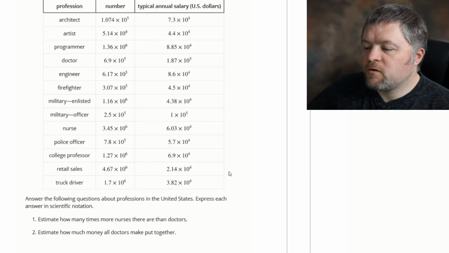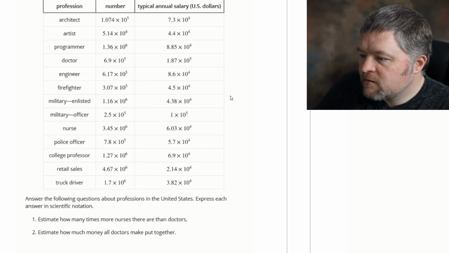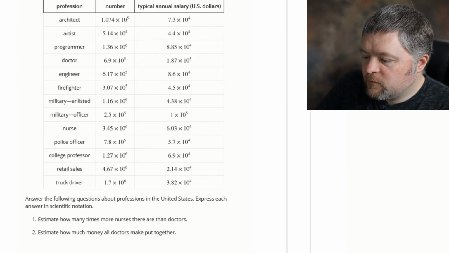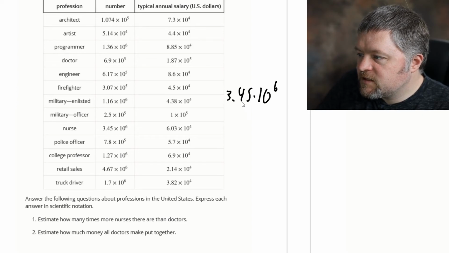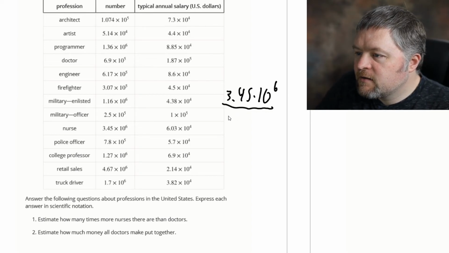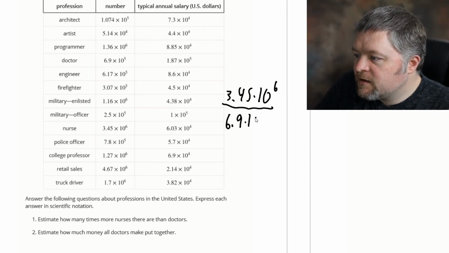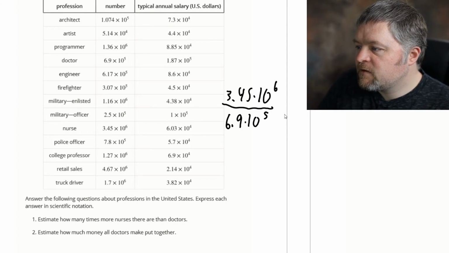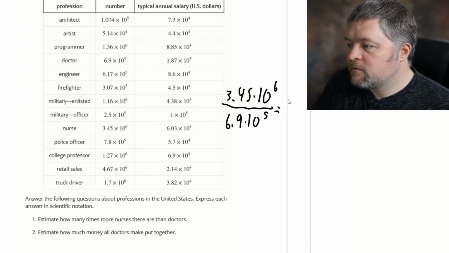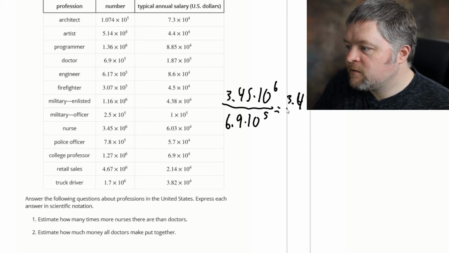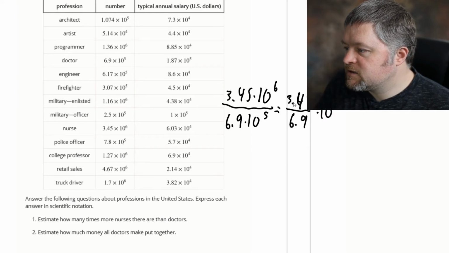How many times more means we are dividing. 3.45 times 10 to the power of 6 divided by 6.9 times 10 to the power of 5, which will be 3.45 over 6.9 times 10 to the power of subtracting 1.